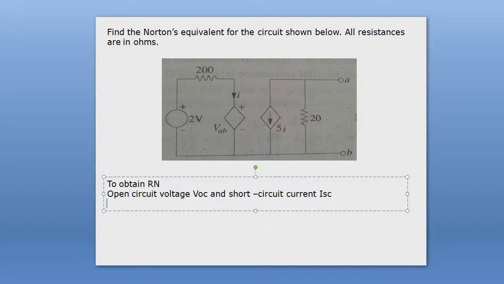If we know these two things, then we can calculate Rn equal to open circuit voltage divided by short circuit current.